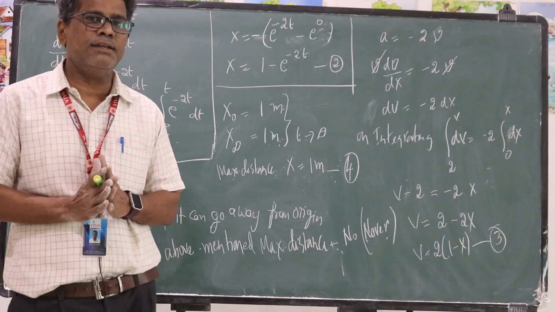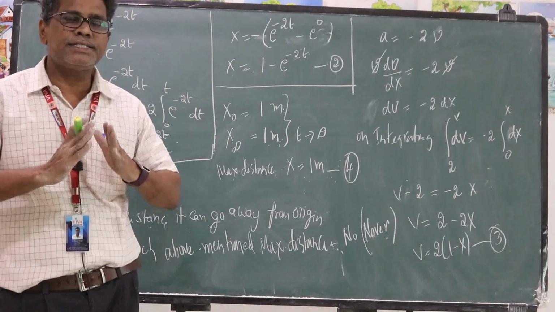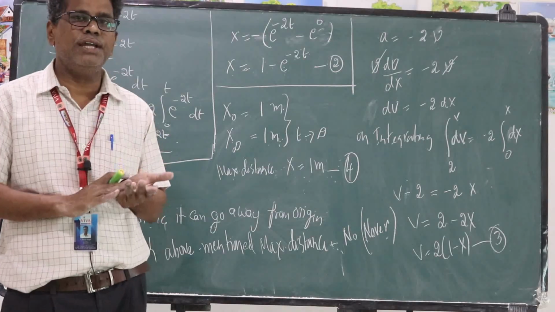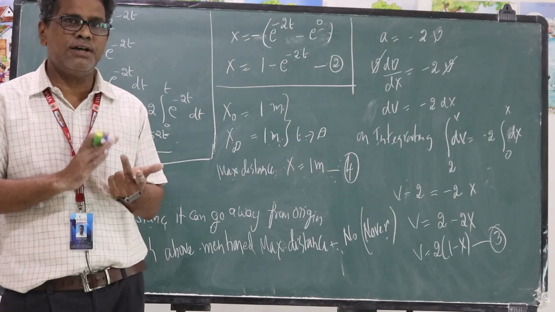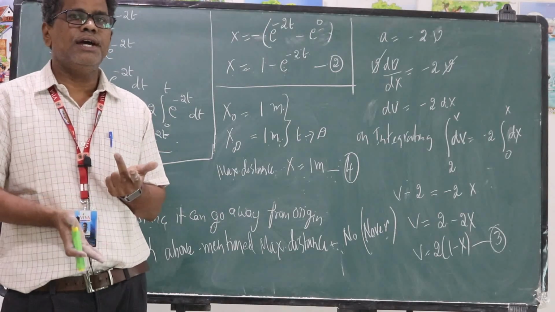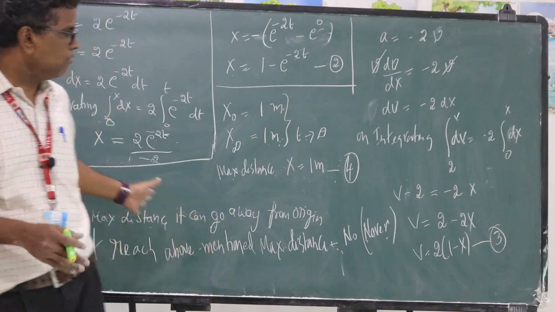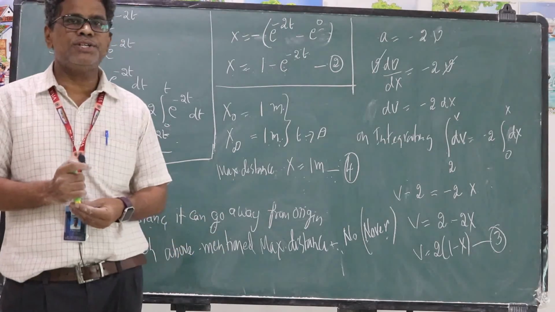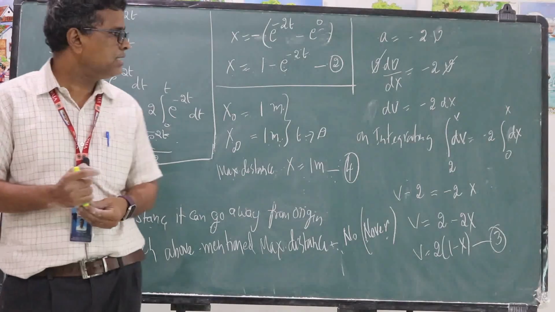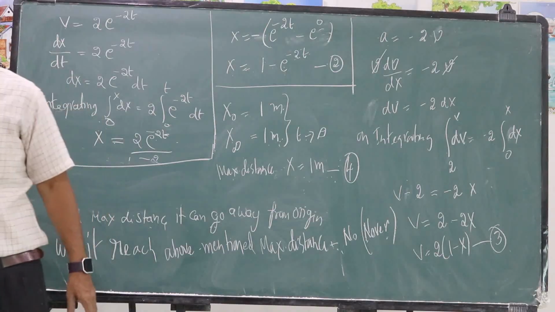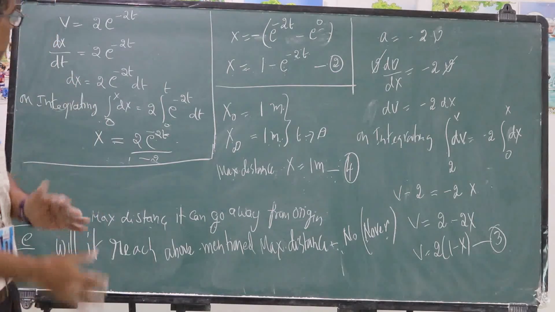I discussed three: first, acceleration as a function of t; second, acceleration as a function of position; third, acceleration as a function of velocity. All of these belong to one-dimensional motion. These are a few examples for one-dimensional motion. Today I am going to close here.